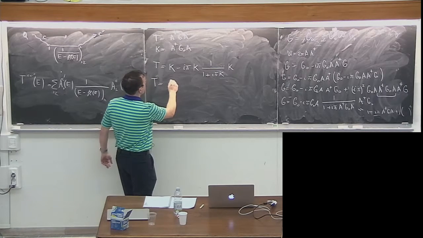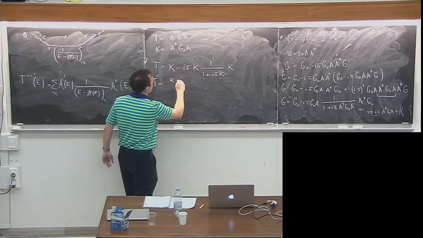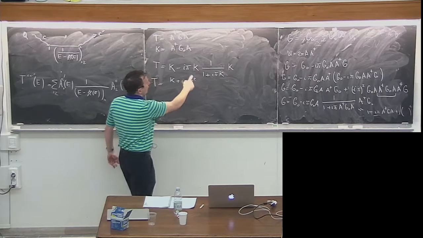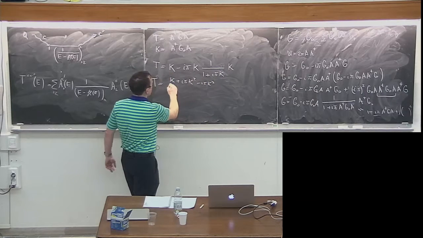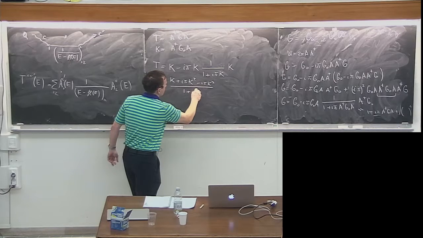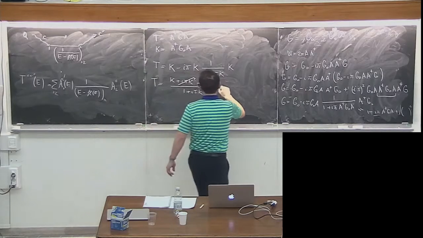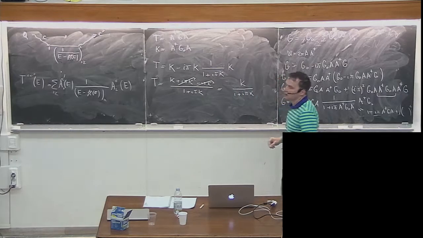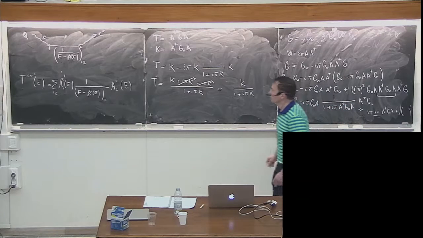So this is going to be 1 times K plus I pi K squared, and this is minus I pi K squared because there is another K, divided by 1 plus I pi K. So this cancels out, and I will get that this is K over 1 plus I pi K. Okay, so this is so far just in the channel matrix form.